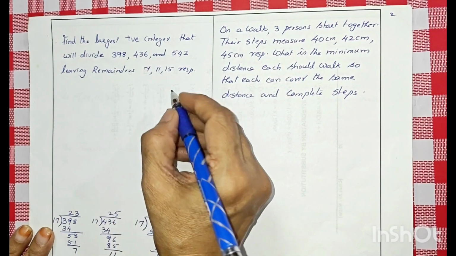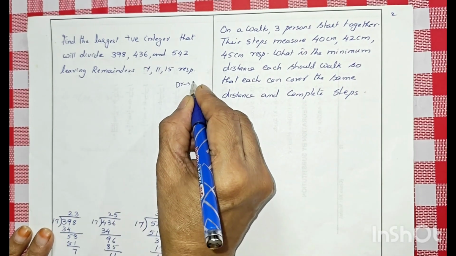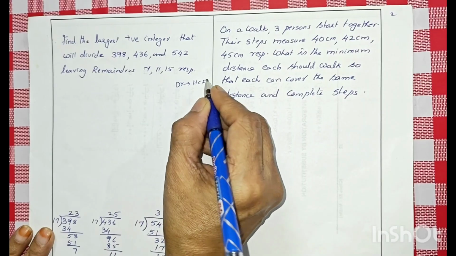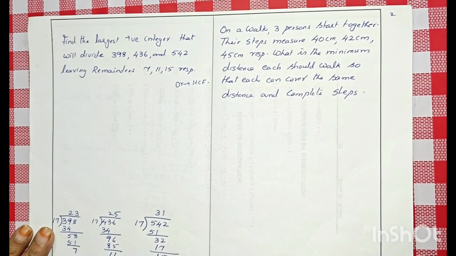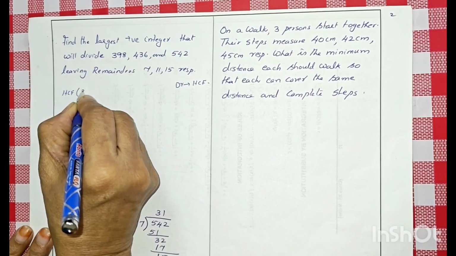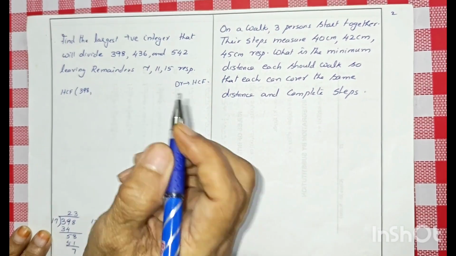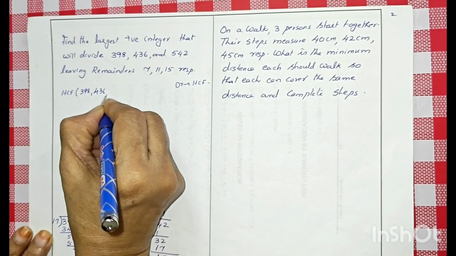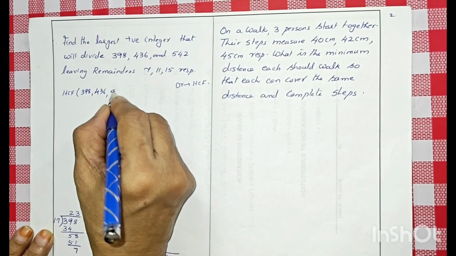That means it is a denominator. When you have to find the denominator, you have to go for the factor, which is the smaller number. So you will find the HCF of 398, 436 and 542.